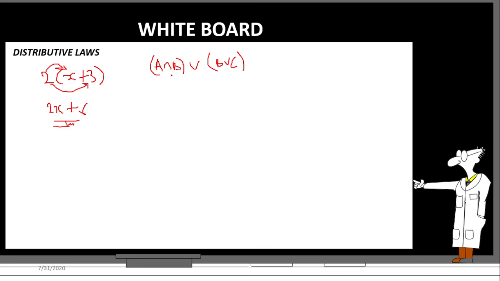This thing will multiply by B, and also the same set will multiply by C. That is what the distributive law means. So here, if we multiply, it will be A intersection B, the same A intersection B, and the A intersection B will be union B, like this.